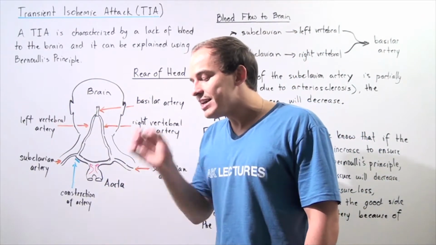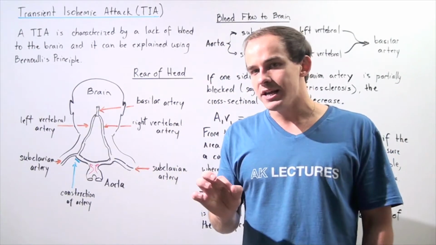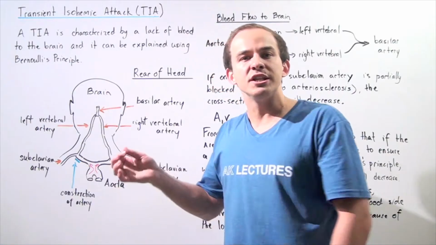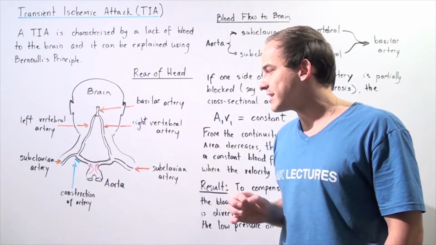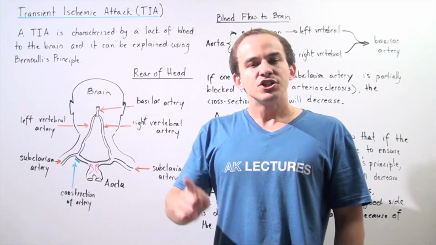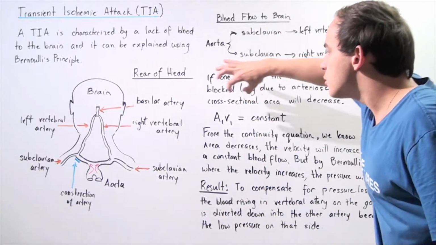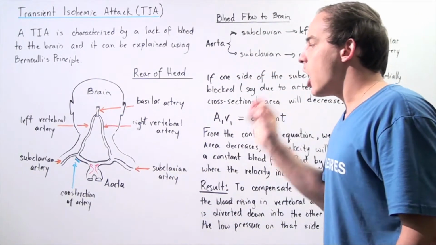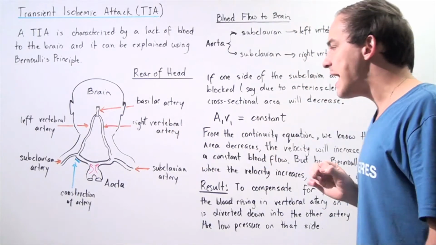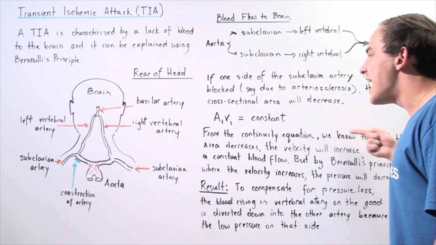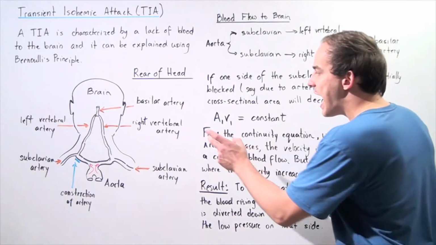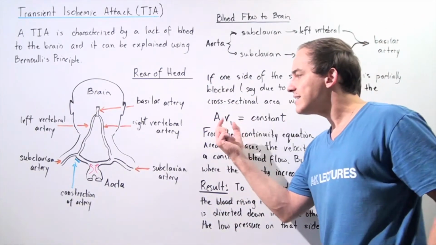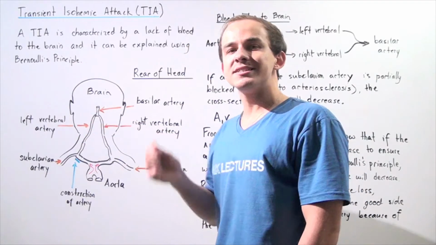And what that does to that blood vessel is it constricts it. It decreases the cross-sectional area of that section of the blood vessel. Now, we know from the equation of continuity that the volume flow rate of our blood within the blood vessel network system is constant. So that means because the cross-sectional area times the velocity of the fluid within that vessel is equal to a constant value, if our cross-sectional area decreases, the velocity in that region must increase.